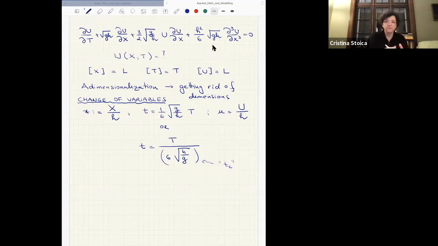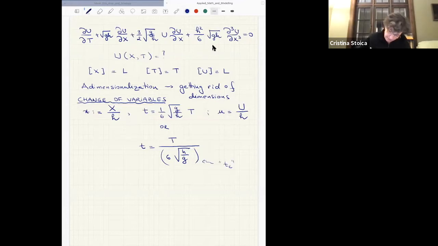So for length, we're going to have a characteristic length. For time, we're going to have a characteristic time, and so forth. Now, when we're doing this, we're going to start substituting into the equation, to write this equation in terms of these new variables.